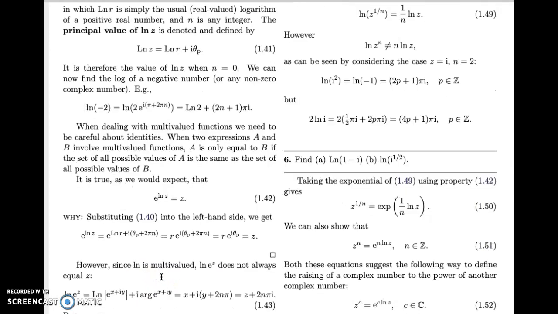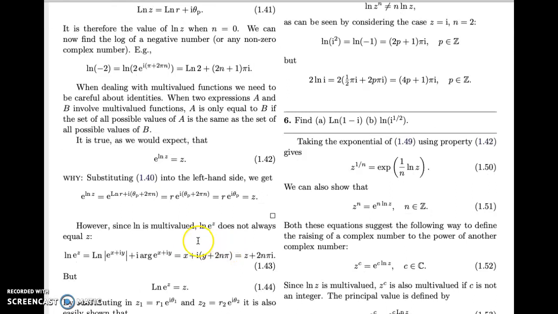So we've got e to the log z, and log z we've just said is log r plus i times the principal value of the argument plus 2 pi n. So e to the log r is no problem, that's just r. And then e to the i theta p plus 2 pi n. Well, the e to the i 2 pi n we can ignore. That's just 1 always, so it's just e to the i theta p, and that's just z written in polar form.